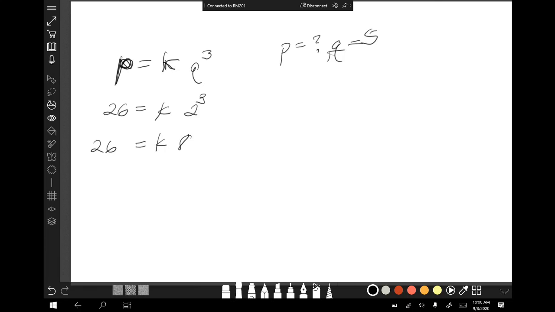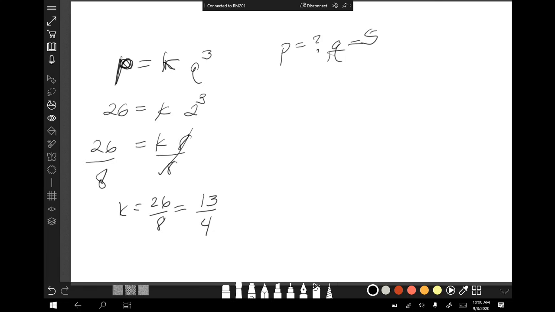Yeah, whatever's with the k. So k is 26/8. Honestly, you could put 26/8 in the other side of the problem and just multiply and divide it out and you'll get the right answer. But to simplify, if I divide by 2 on the top, I'll get 13. On the bottom, I get 4. I think 13 is a prime, so that's as simple as it gets.